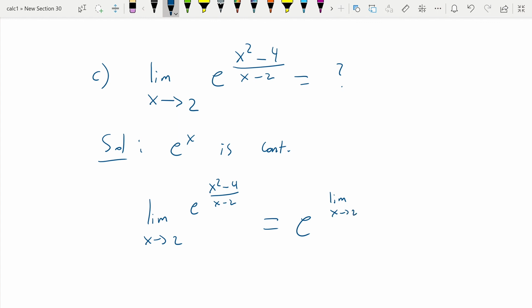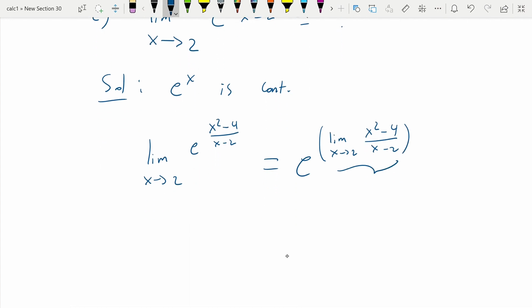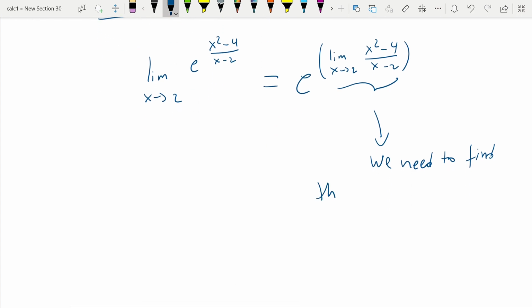We can bring the limit inside because e is continuous. So we need to compute this limit first.